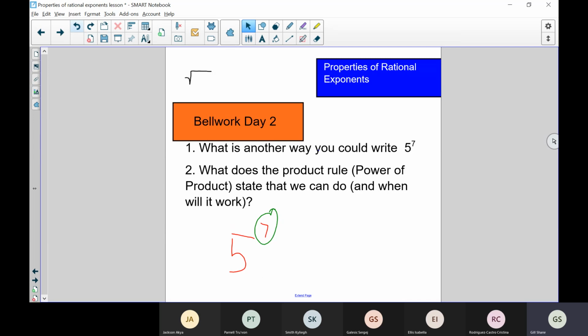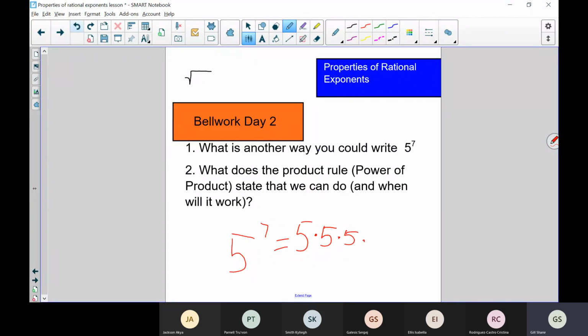We need to take the base. When you have an exponent, what this is saying is take the base number, the 5. So this is going to equal the base times, and you multiply it times itself as many times as you have for the exponent that's on the number.